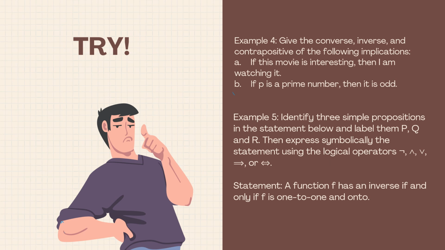Okay, so let's answer letter B. If P is a prime number, then it is odd. So this is proposition P, then this is Q. So let's make a converse. Q, if Q then P. If it is odd, then P is a prime number.